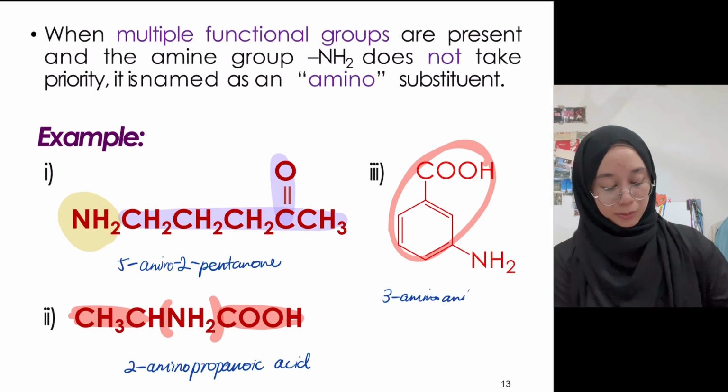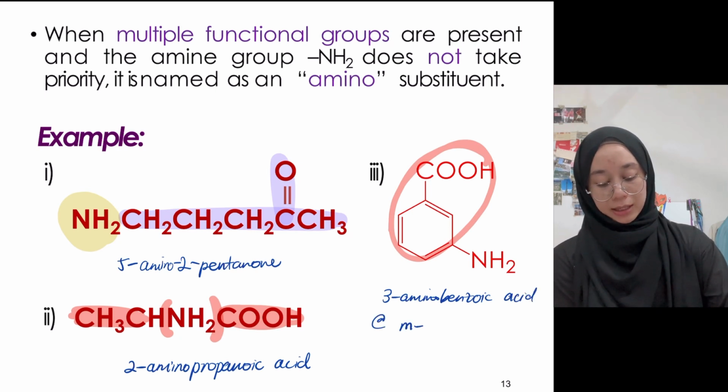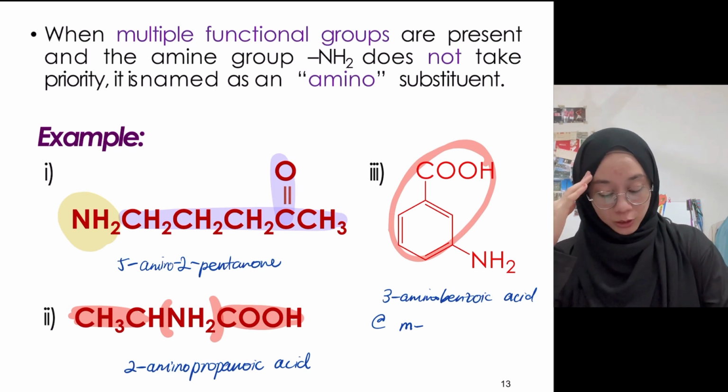Dan aniline pula, benzoic acid. Kalau tak nak guna 3, you can always use M untuk merujuk kepada meta, sebab ada 2 je substituent kan, so you can use ortho meta para, depends on the position of the substituent. So you can also name this as M-amino benzoic acid.